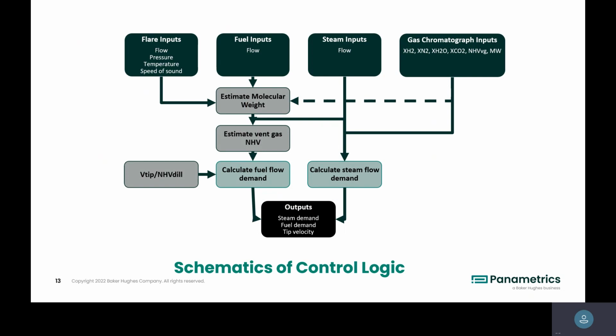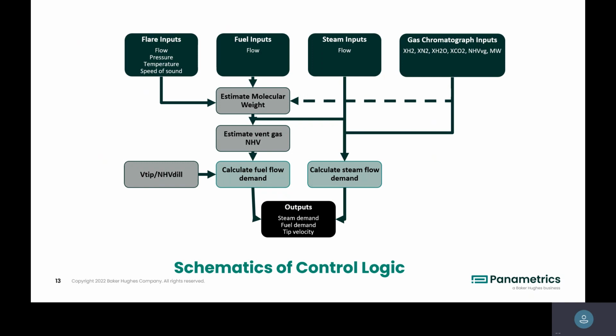So this is the whole diagram showing how Flare.IQ works. As I mentioned, the key is the ultrasonic flow meter. You have pressure, temperature, and sound speed, so you can estimate the molecular weight, and the flow meter also provides flow. From the molecular weight, you can calculate the heating value.